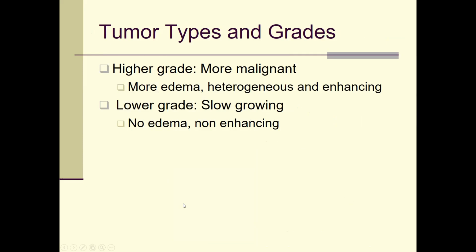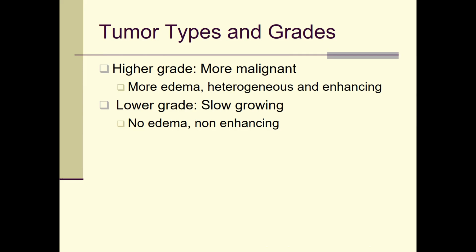Now, tumor types and grades. When we detect the tumors, what kind of tumor is it? High-grade tumors, more malignant tumors, versus lower-grade tumors, which are much more slow-growing. In general, higher-grade tumors have more edema, so they are pushing and affecting much more of the surrounding tissues, and are heterogeneous and very ugly looking, and enhancing with a contrast.